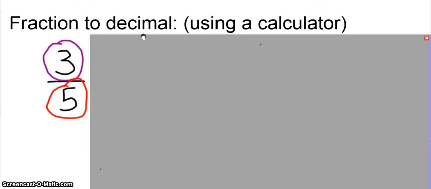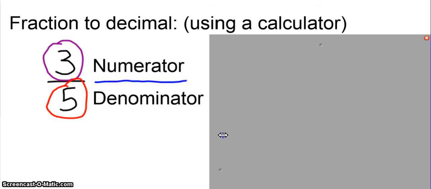For the next one, we're going to learn how to convert a fraction to a decimal using your calculator. If you don't have your calculator, I'd like you to pause the video. If you do, you can continue. In this fraction we have 3 over 5, so 3/5. We have our numerator and our denominator. The numerator is the number on top, and the denominator is the number on the bottom.